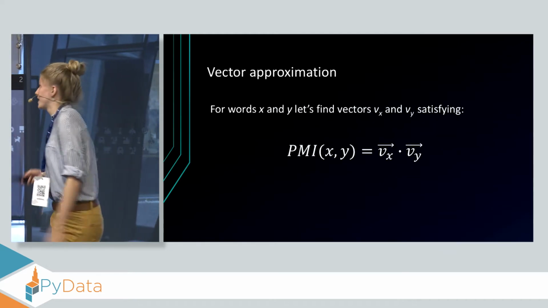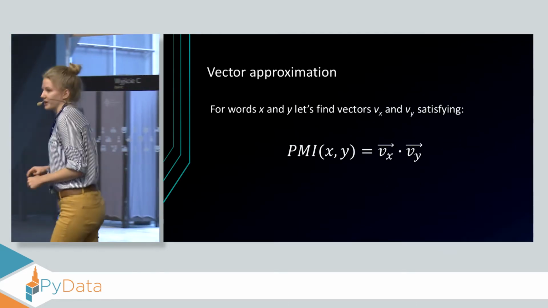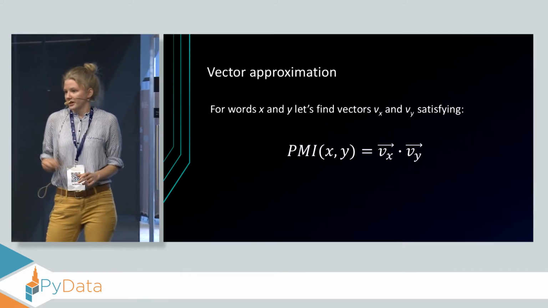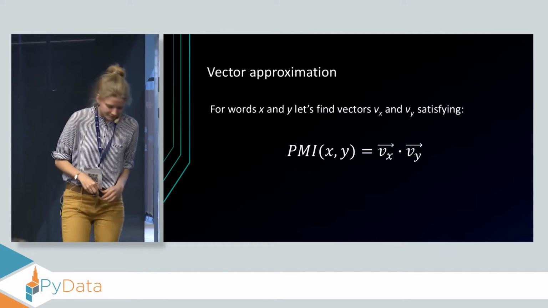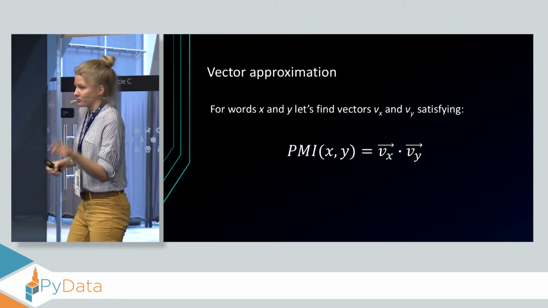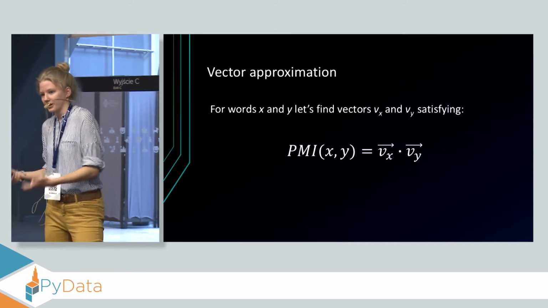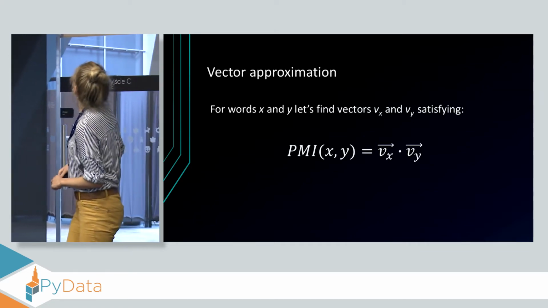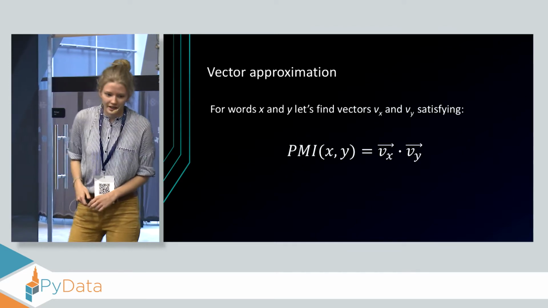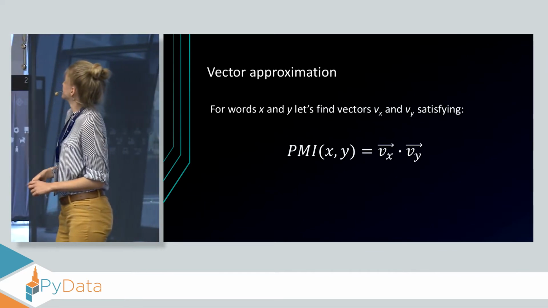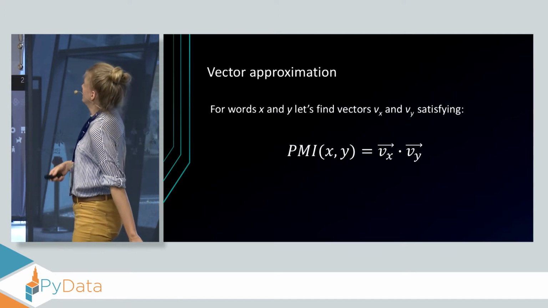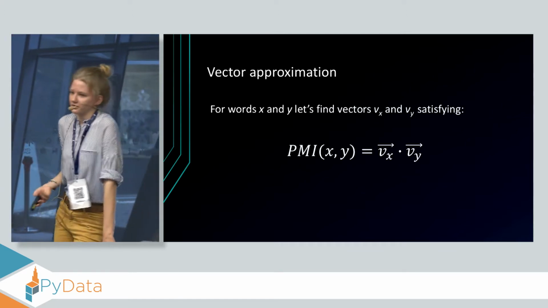We want to approximate this PMI, and we do it by finding a vector for each word. To compute the PMI for two words, we take the dot product of the two vectors. But we've got to find those vectors, and that's where the word2vec magic happens.